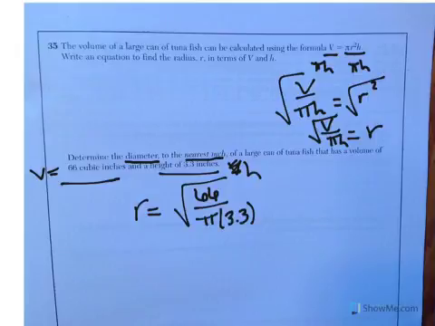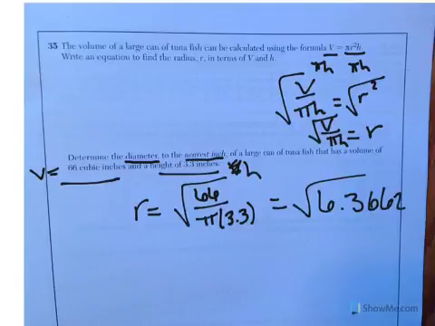If I type that into my calculator, I'll end up with the square root of 6.3662, which means that r is roughly 2.5, and we're talking about inches.